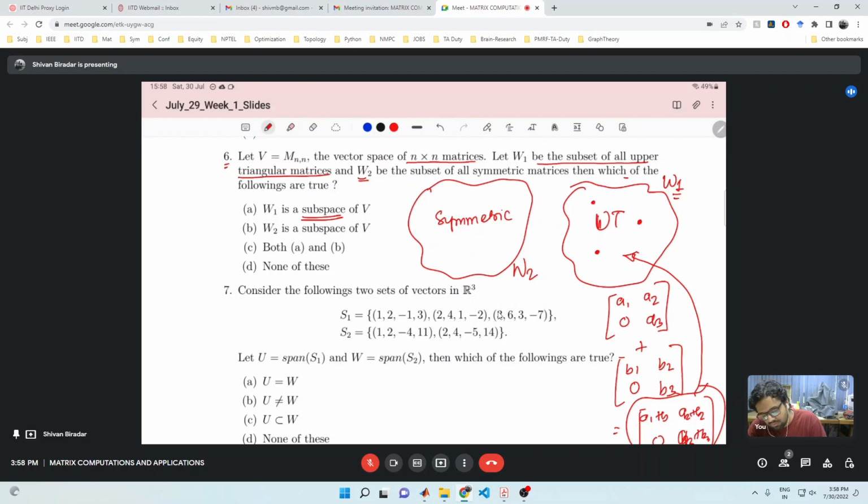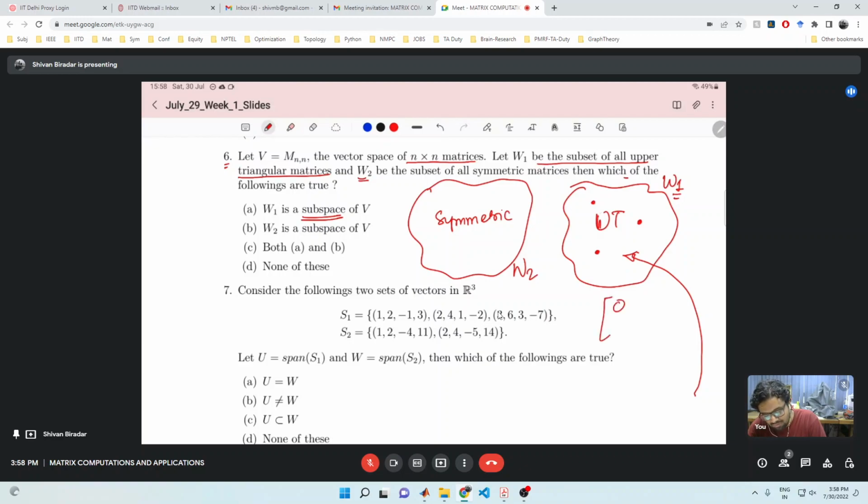Okay. So we have to check another property. Let us say that I multiply this with a scalar gamma. I'll get gamma A1, gamma A2, 0, gamma A3. Again, I am getting an upper triangular matrix in the same subset W1. And the final important property is to check whether zero is in this subset or not.